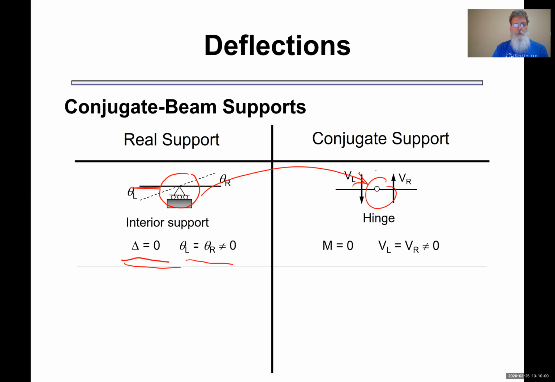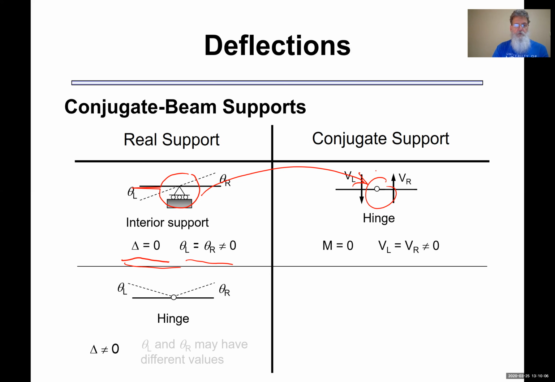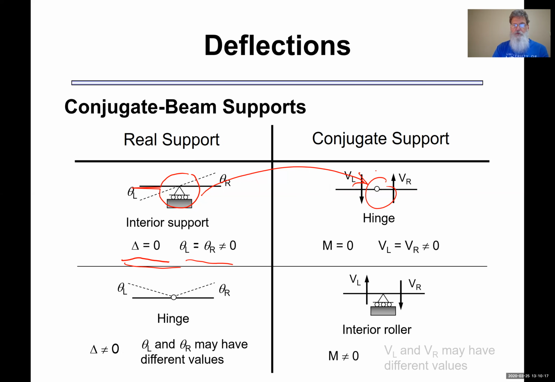And of course, the opposite is true. If I have a hinge in my real beam, where I can have displacement and I can have different slopes, that will map to a pin connector or an internal roller, where I have moment and I have shear. So an internal hinge maps to a roller.